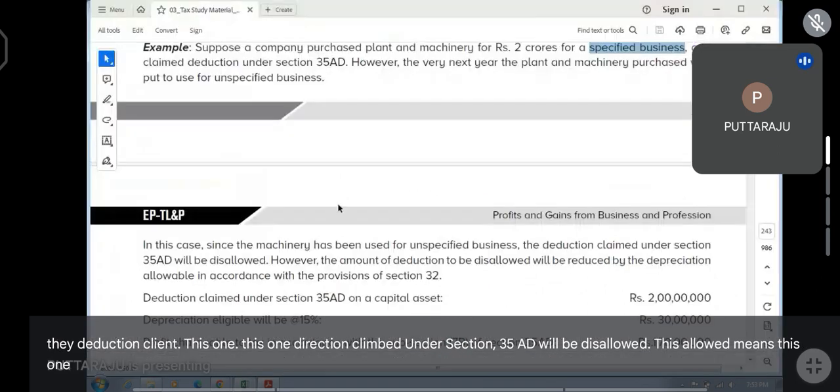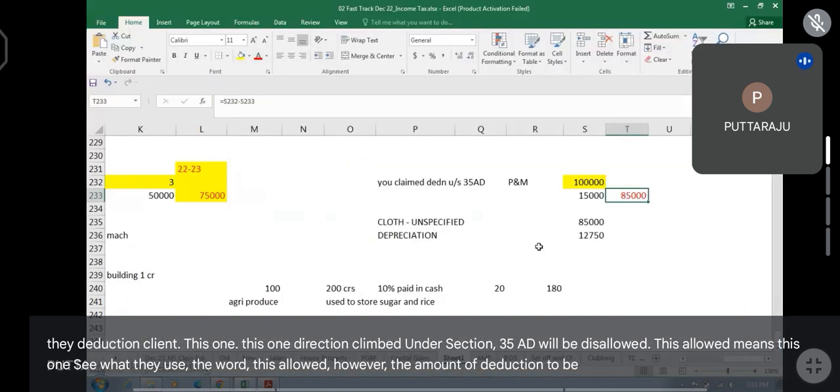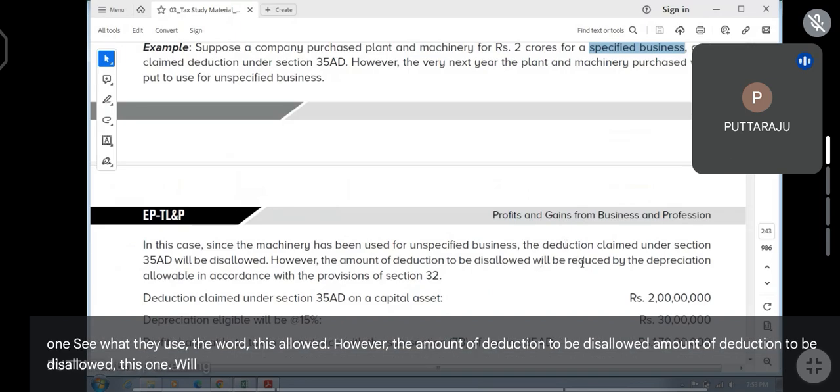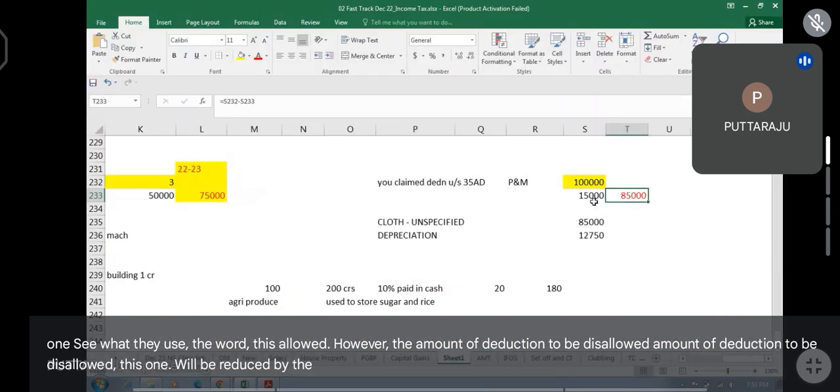See what they use, the word disallowed. However, the amount of deduction to be disallowed will be reduced by the depreciation. I am reducing the depreciation, and the balance is disallowed, right?